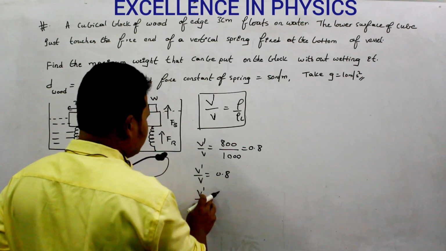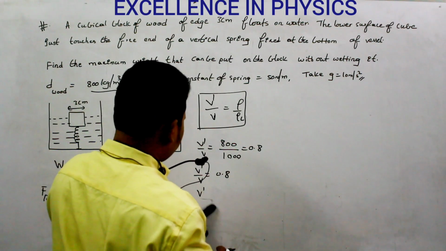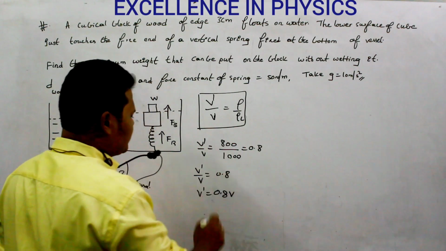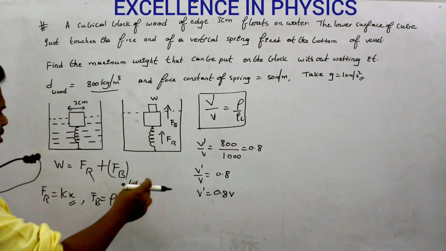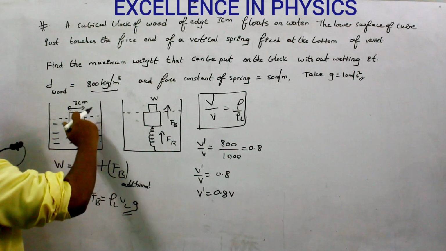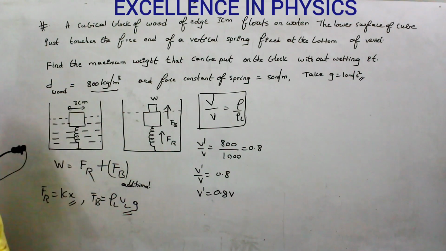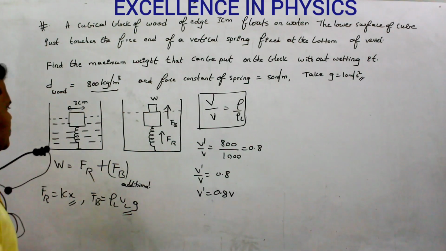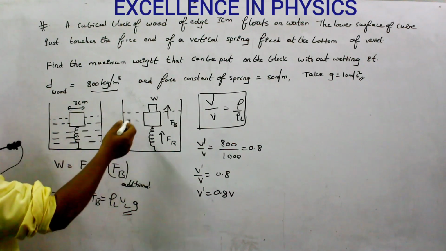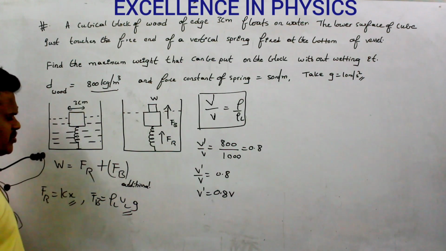So V dash is equal to 0.8 V. It means that 80% of the body is initially present inside water. So here 80% of this body is inside water and 20% is outside water. How can I calculate how much length of this body is present inside water? Each side is 3 centimeter.